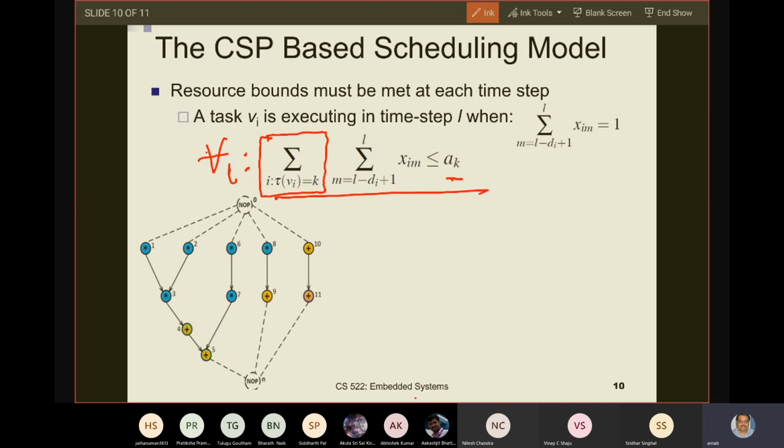Now I am doing a summation over all tasks of type K at any given time, right?